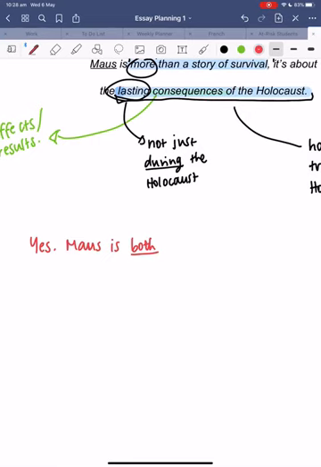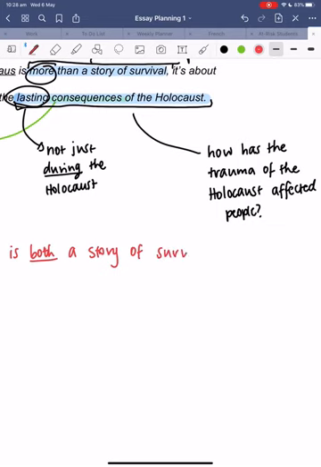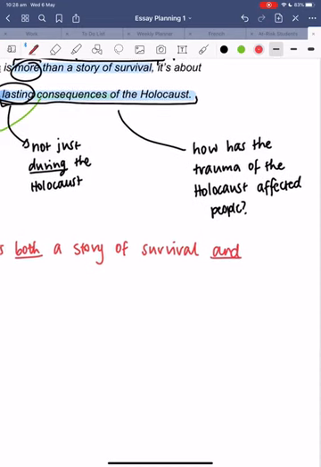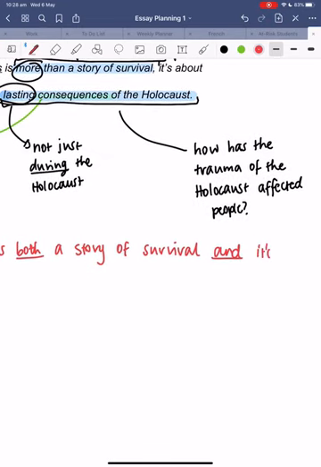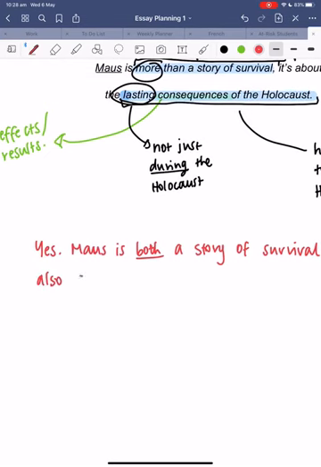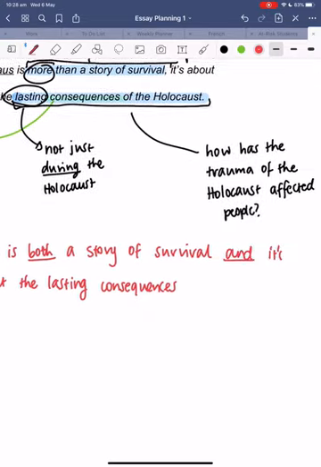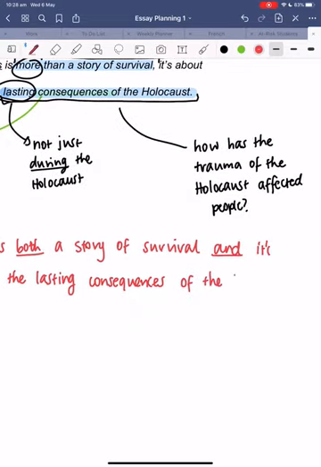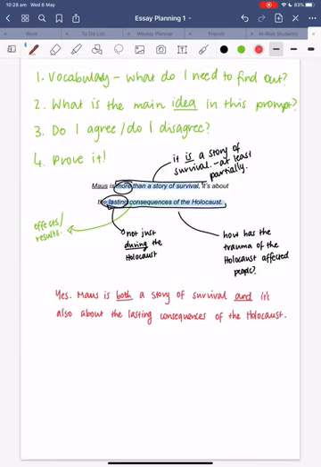So it's both a story of survival and it's also about the lasting consequences of the Holocaust.